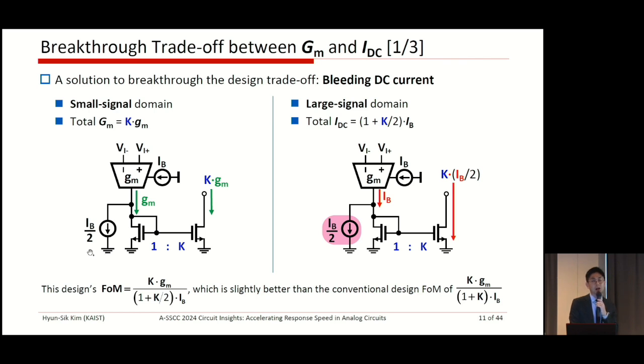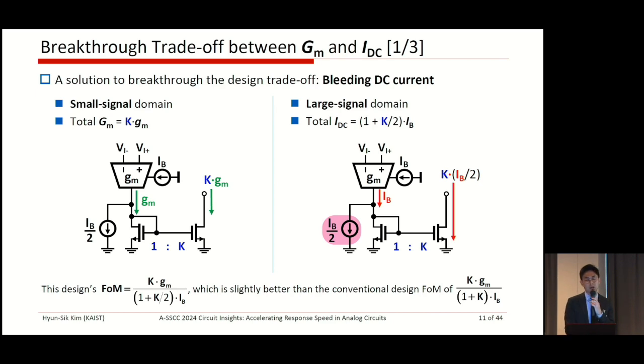I want to call this one the breathing current. This is IB over 2, right? Even though we attach this IB over 2, in the small signal domain, the operational behavior is the same as the conventional design, right? So in the small signal domain, the gm will be boosted to K times gm, right?